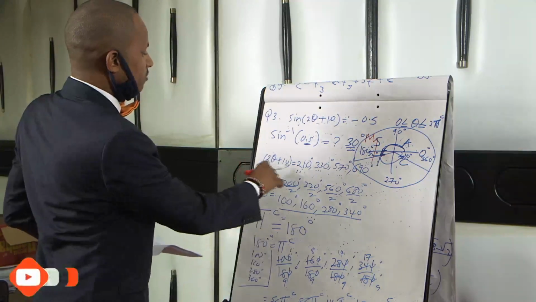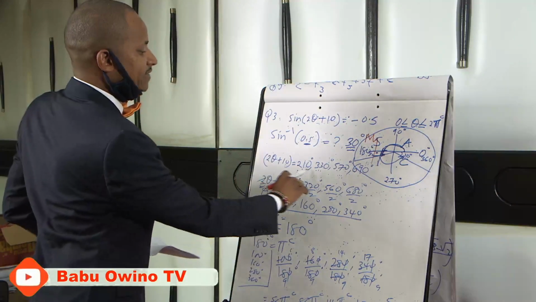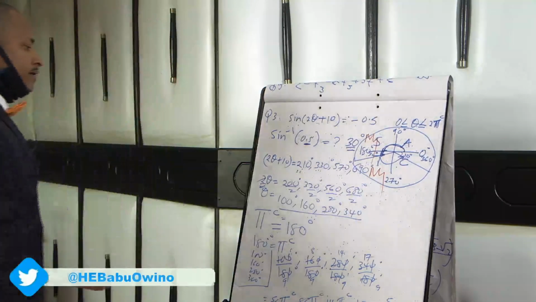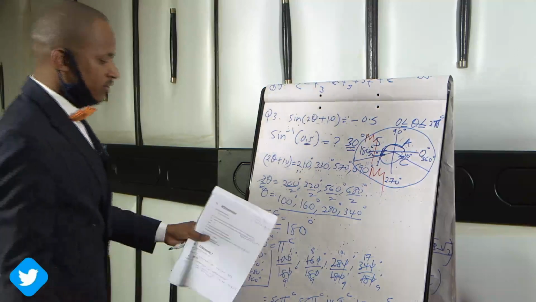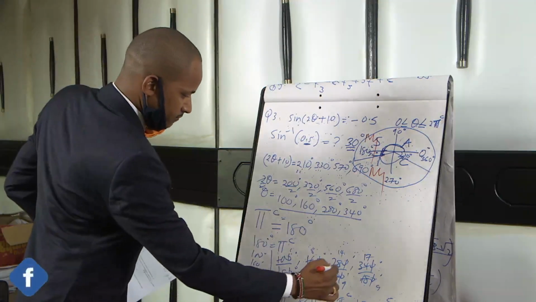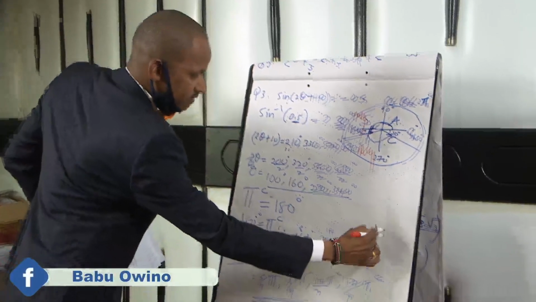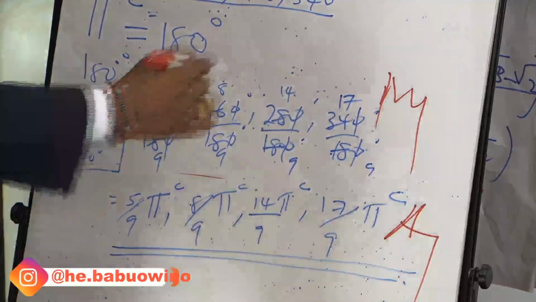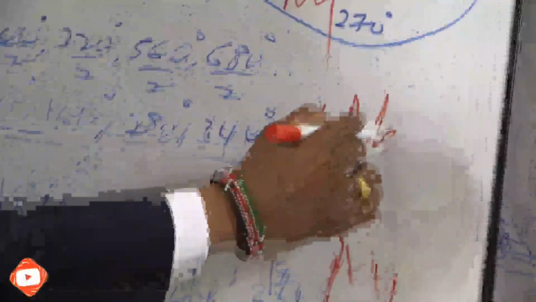Number 2, I would reward you for getting all the angles, which is method 2. Number 3, I would reward you for the process of converting, which is method 3. And then finally, answer 1. So in this question, you would harvest 4 marks.